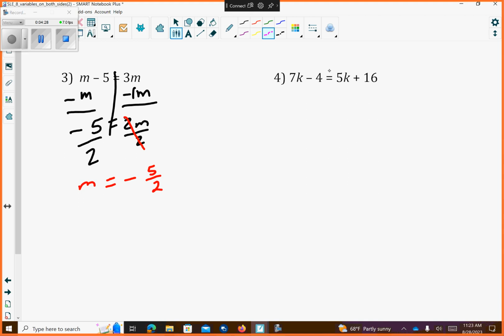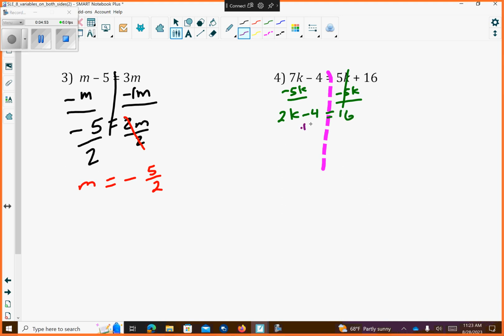Let's take a look at number 4. All right, so I want to get the k by itself. So let's start with the k's. I could subtract 7k from both sides, or I could subtract 5k. I think I'll do the 5k. You could do the other way. The answer is still going to be the same. So those cancel, so that's going to give me 2k minus 4 equals 16. And then we know how to solve that.